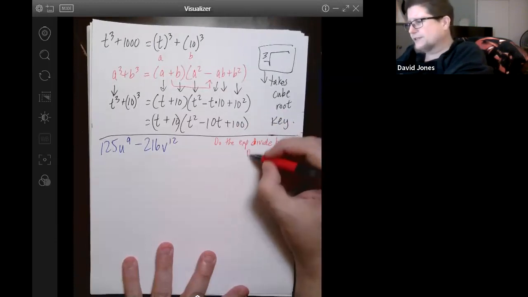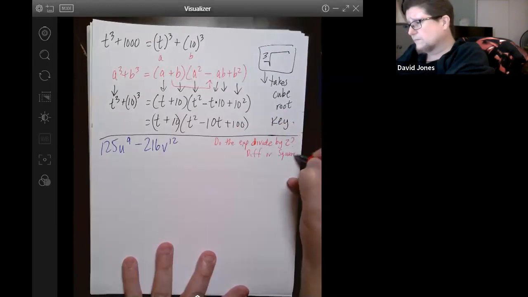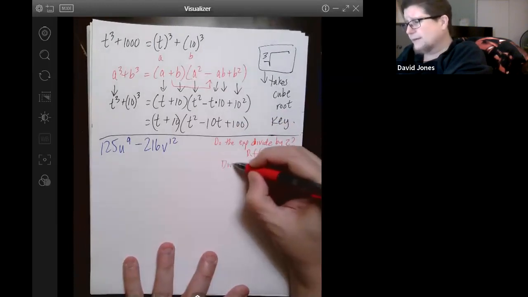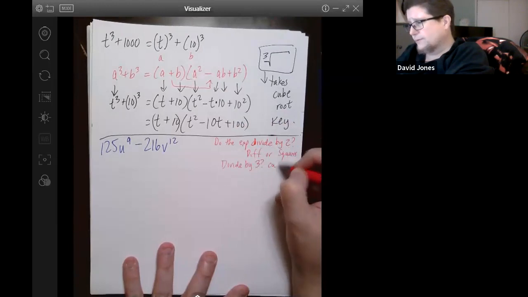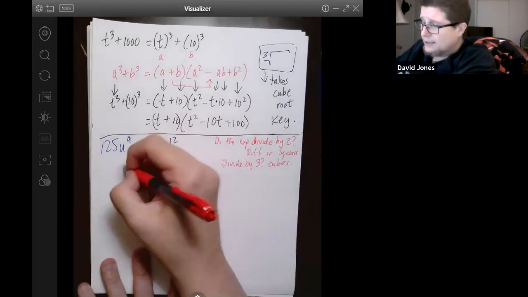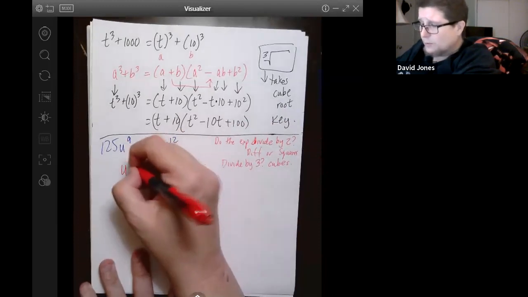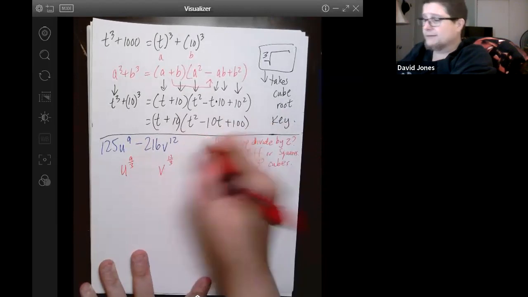That would be difference of squares. Divide by 3? Cubes. And they do. I could write this as 9 is divisible by 3 and 12 is divisible by 3. I could do that.